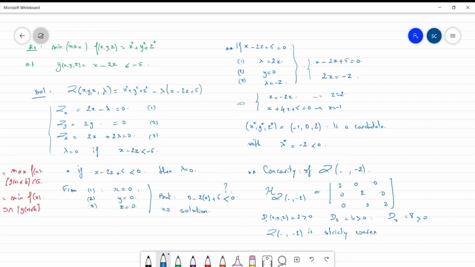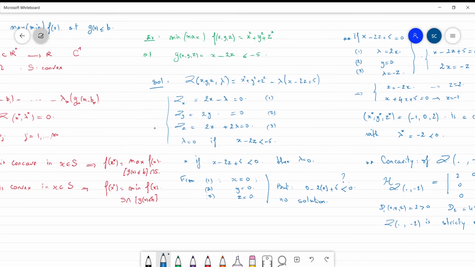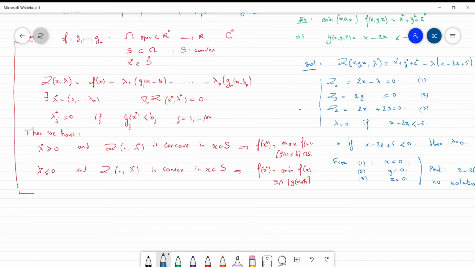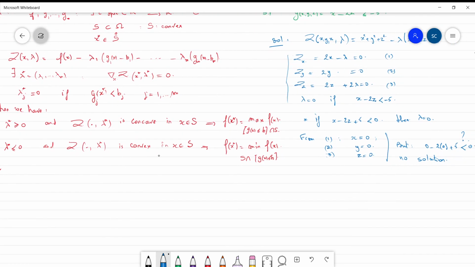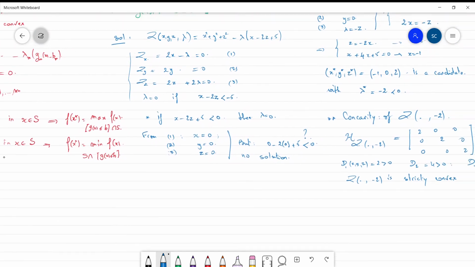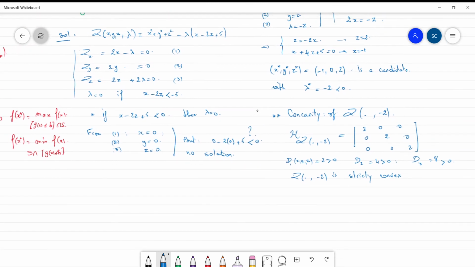But then the point is a minimization problem. But what is lambda? It is 2 times x, and x we found is minus 1. So is there something wrong here? Yes, lambda is negative. Then we check for convexity, not concavity.